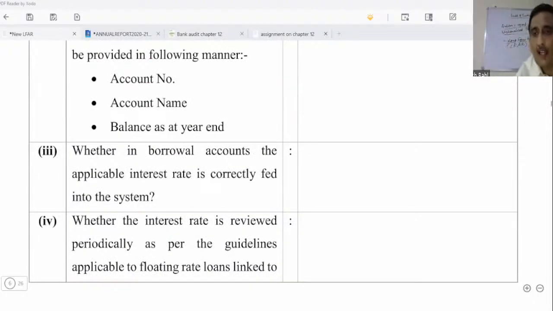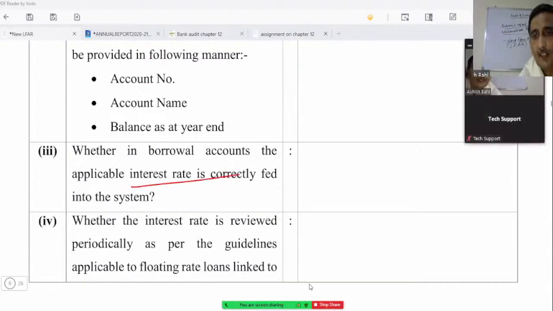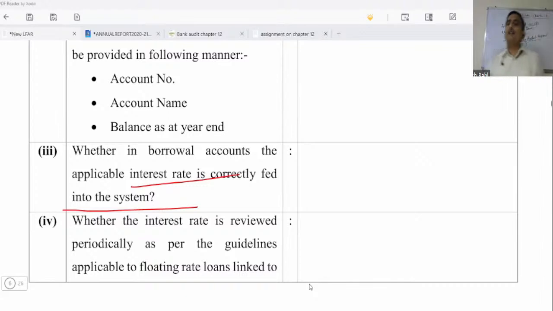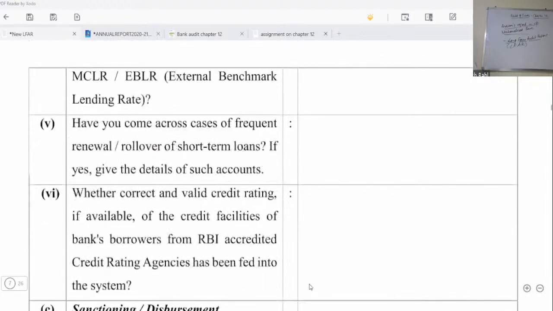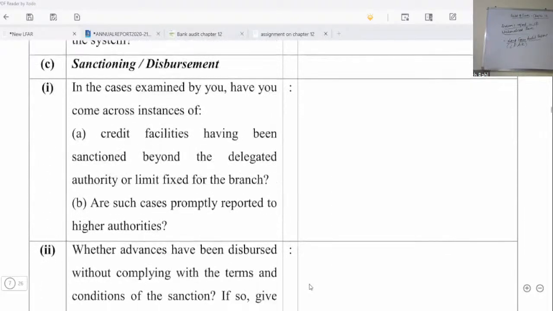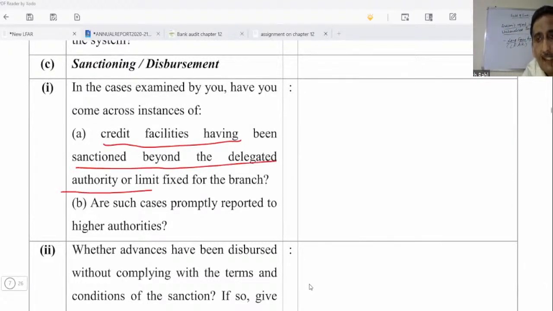Like this, whether in borrower accounts the applicable interest rate is correctly fed into the system, into the master data. So such kind of things, like whether credit facilities have been sanctioned beyond the delegated authority. Now we had discussed that in a bank, the loan is sanctioned according to the level of delegated authority.